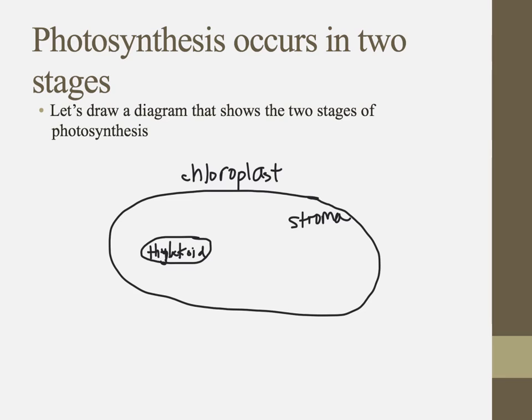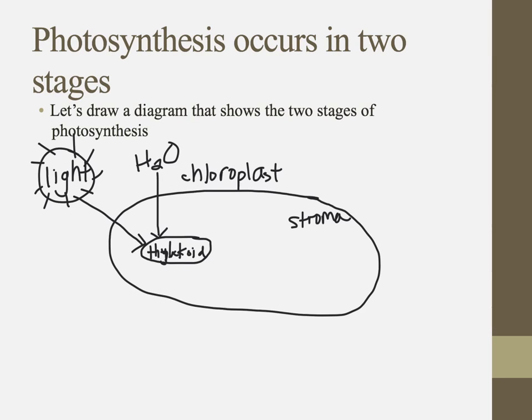Okay, so we said one of the first things to happen was photolysis. For photolysis, I need two things. I need a water molecule, which I'm going to send to the thylakoids, and I need light energy, probably from the sun, but it could be from a lamp. We're going to use the energy from light to do two things.